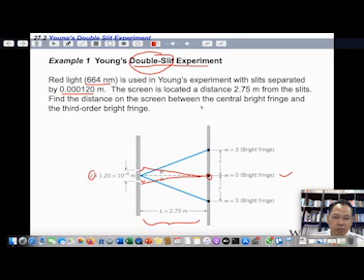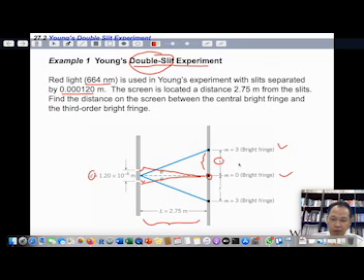Find the distance on the screen between the central bright fringe and the third order bright fringe. The question is to find the distance y, from the main bright fringe to the third order.